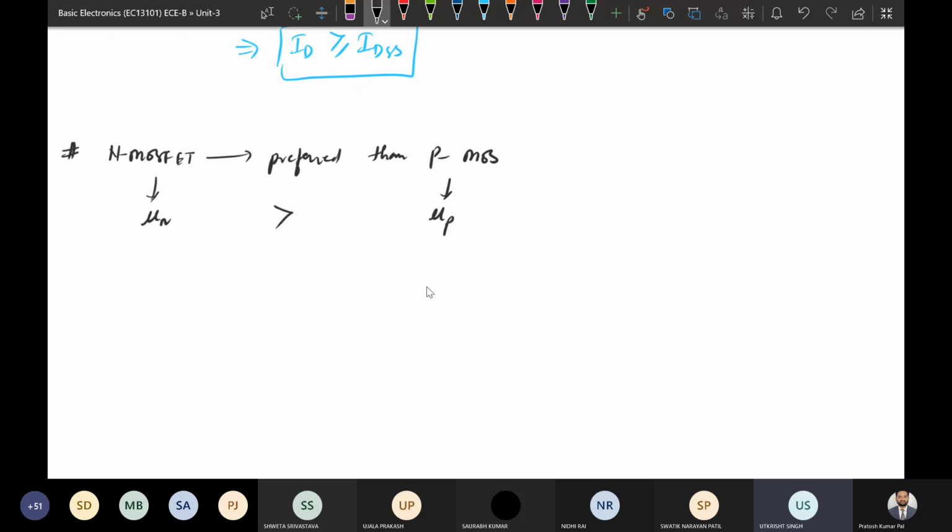If mu n is greater than mu p, that means in terms of speed or performance, the N MOSFET will be providing better performance than the P MOSFET. If both are the same size, the N MOSFET will provide better performance. That's why N MOSFET is preferred over the P MOSFET, because the mobility of electrons is greater compared to the mobility of holes.